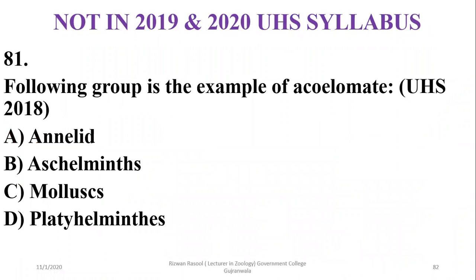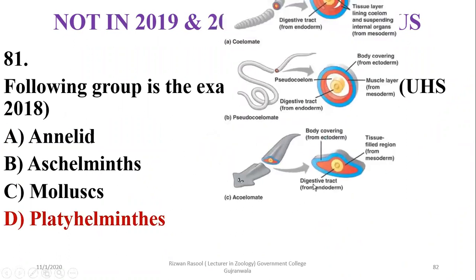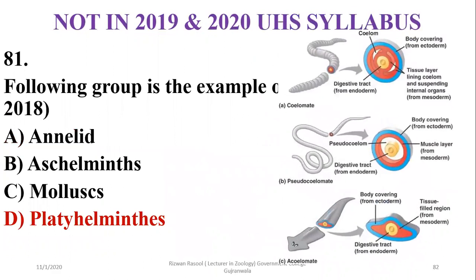Following group is the example of acoelomate. It is a part of the syllabus as well. Acoelomates include platyhelminthes, pseudocoelomates include aschelminthes, roundworm, and coelomates include annelid to other phyla, annelid to chordates. So the right option is delta.